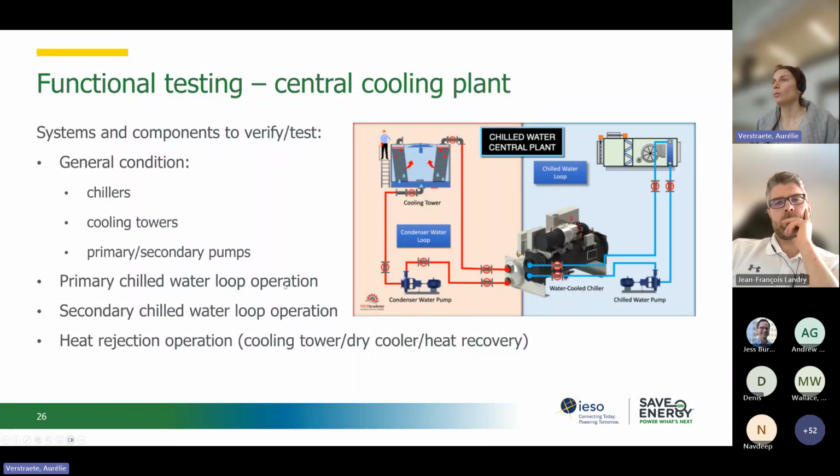But you also want to look at the operation. So how do they operate together? Primary chilled water loop operation and secondary chilled water loop operation. And then heat rejection, so cooling tower, maybe dry cooler, or if there is a heat recovery chiller, you want to see it operate in that heat recovery mode.